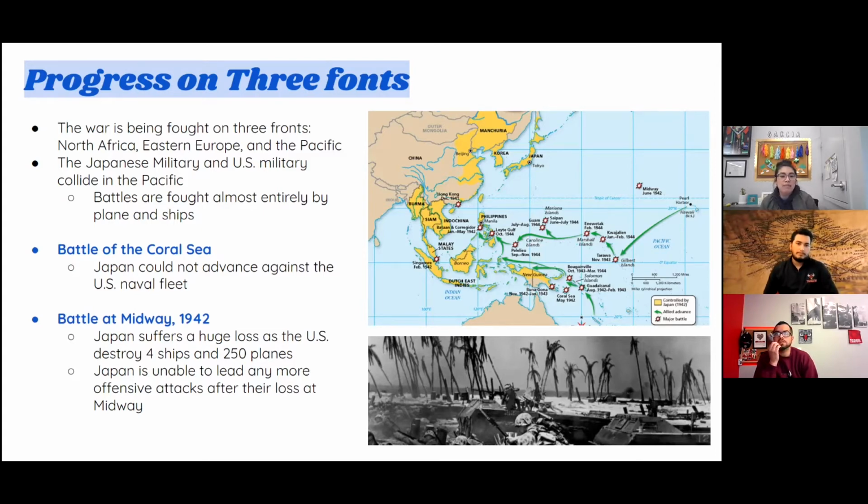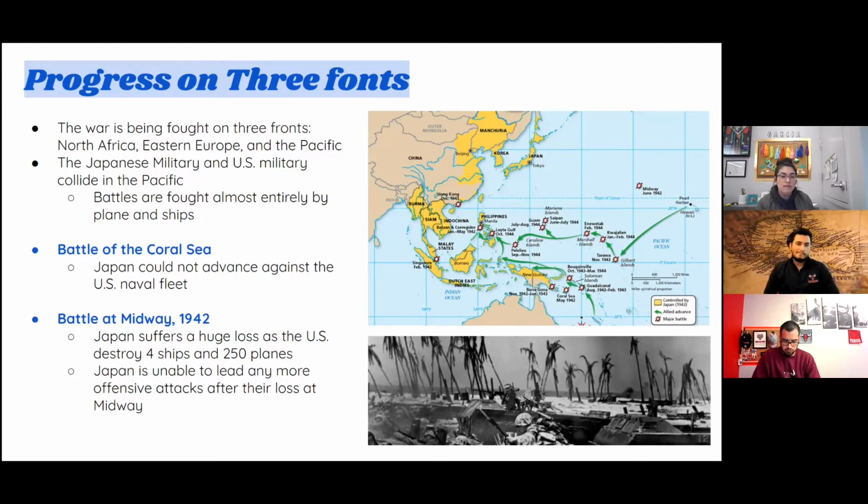A significant battle is the Battle of the Coral Sea. It is at this point that Japan could no longer advance against the US naval fleet. Up until this point, they had almost absolutely no resistance. All of the yellow is what they were able to take until the Americans and the British began to fight against them once they entered into the war.